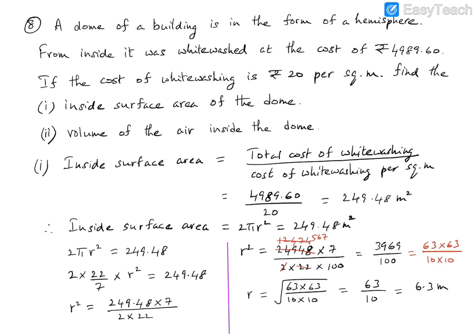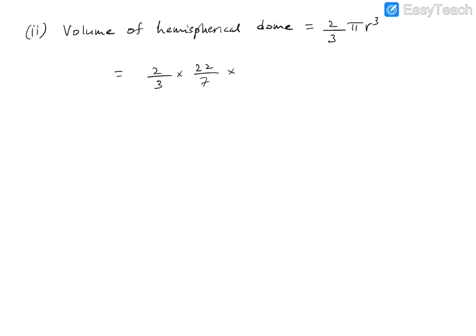We have obtained the value of r as 6.3, so that's going to be into 6.3 into 6.3 into 6.3, and we basically are going to simplify this. So 3, let me use a different color here. So 3 will go into 6.3 2.1 times.